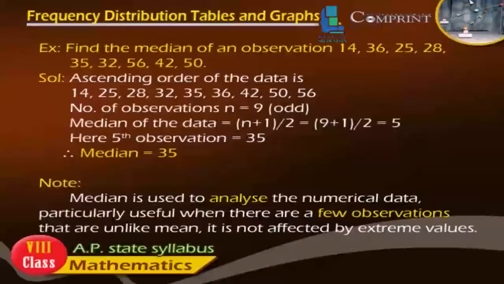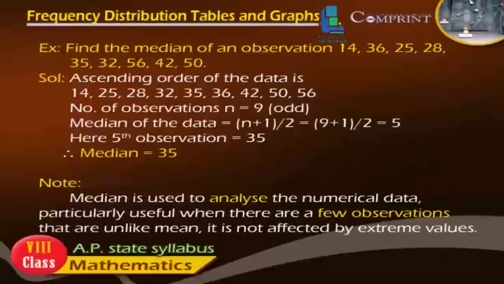Example: find the median of the observations 14, 36, 25, 28, 35, 32, 56, 42 and 50. Solution: ascending order of the data is 14, 25, 28, 32, 35, 36, 42, 50 and 56.